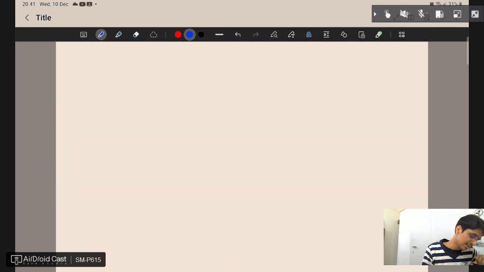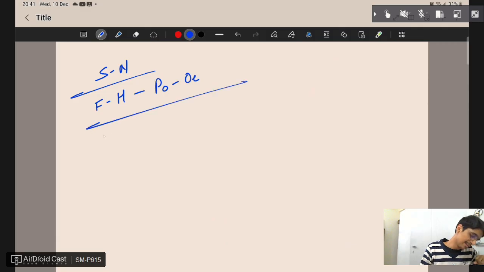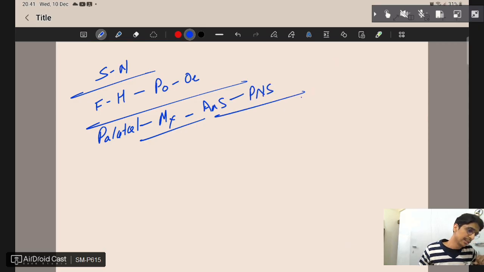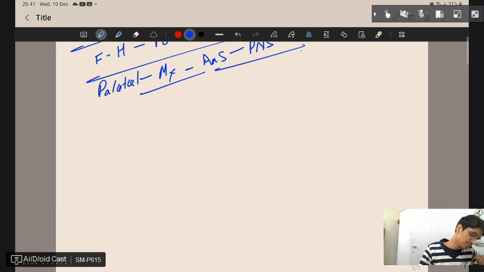We have discussed till now the SN plane, the FH plane, porion to orbitale, then the palatal plane, both landmarks present in the maxilla, that means ANS to PNS. Simple. Then after that, we have the occlusal plane.